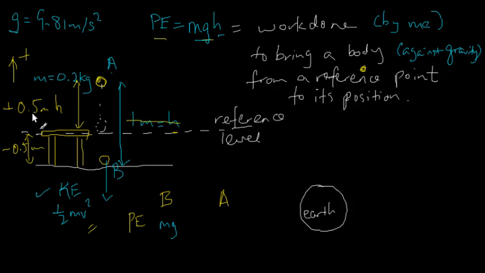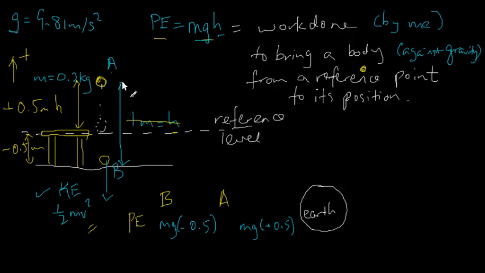Now the h in this case is plus 0.5 meters. Oh, I want to find it at B first. At B, the height is minus 0.5, so minus 0.5 meter. Now at A likewise is mgh, but the h is plus 0.5 meter, so mg and plus 0.5 meter. Okay, so I have the potential energies at the two levels.